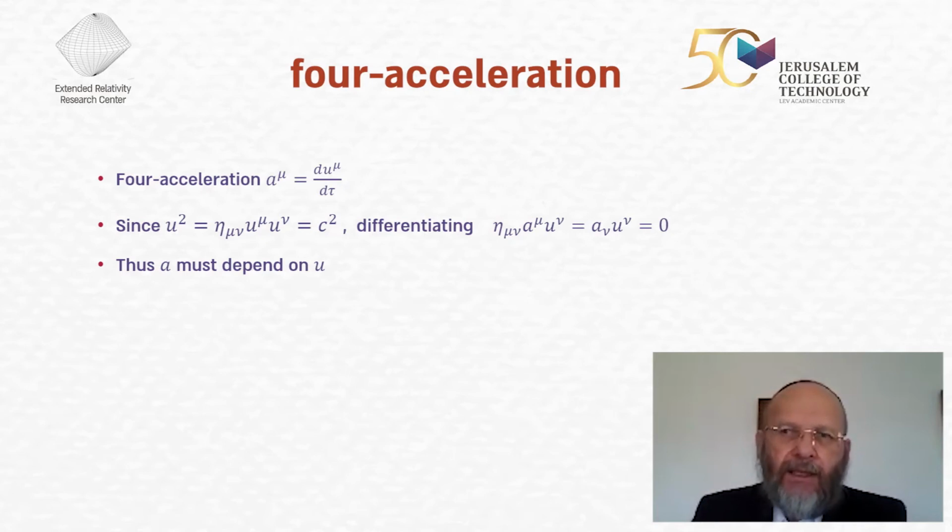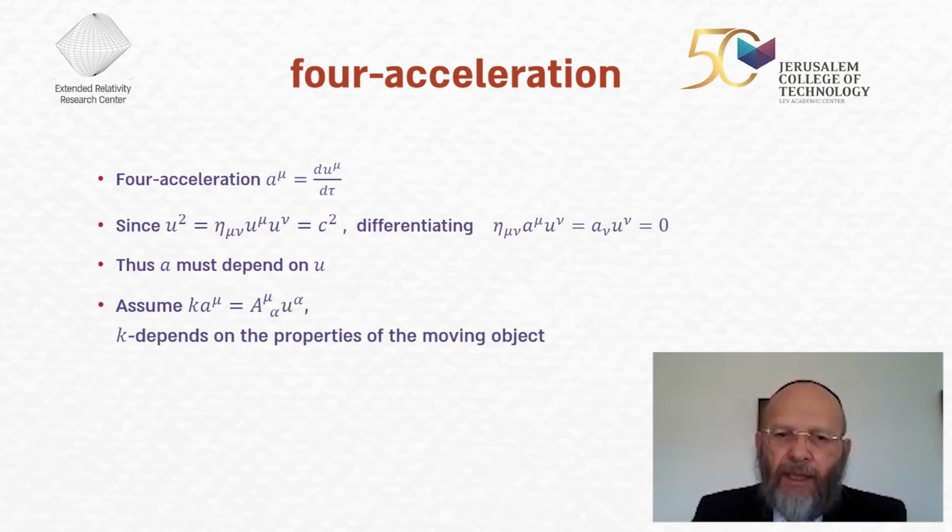Now, in this lecture, we'll assume the simplest dependence on the four-velocity, which is linear dependence. Linear dependence, so it will be given by a matrix, a linear function of U. So since A has upper indices and U had upper indices, it has to be a mixed tensor.